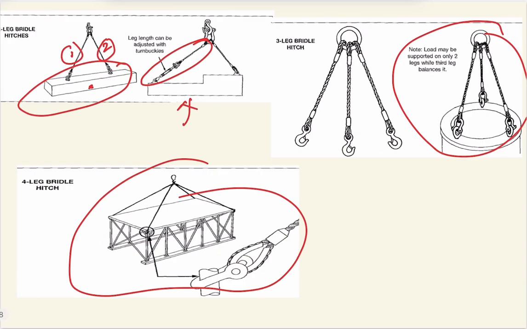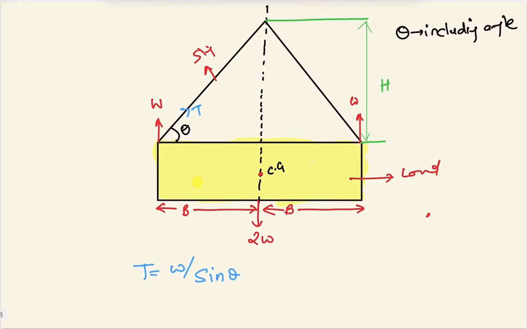Whenever we are making an arrangement for the bridle hitch, always remember the CG must pass through the lifting point. The hook lifting point and the CG must be in a single line, otherwise an unbalanced moment will be created and the lifting will not be proper.